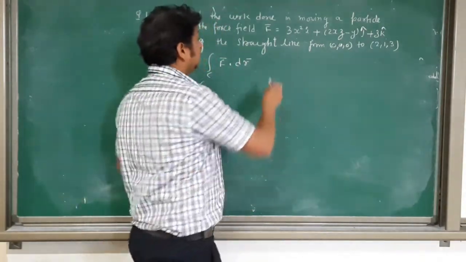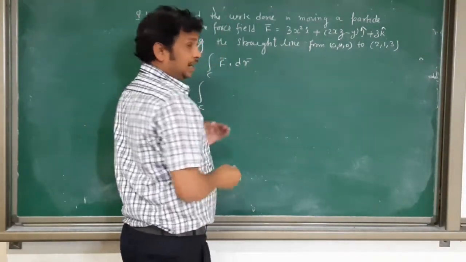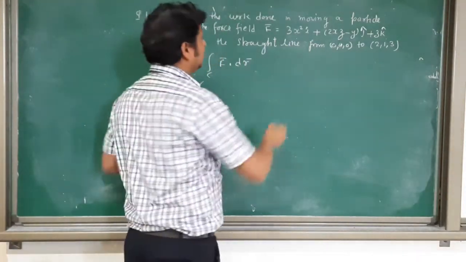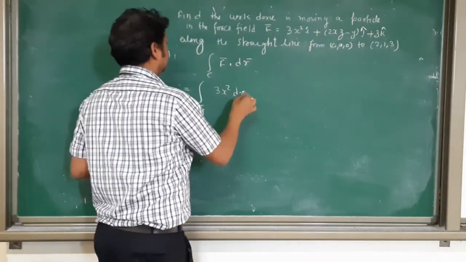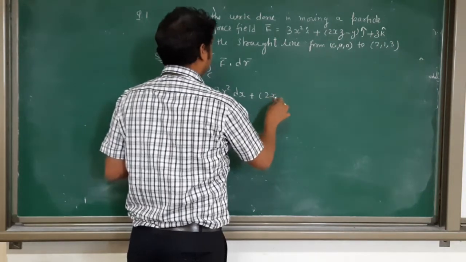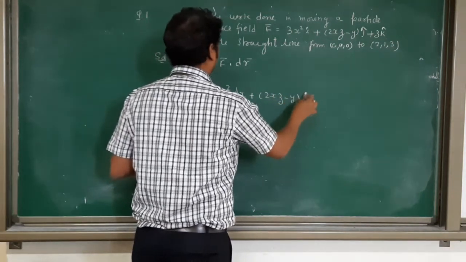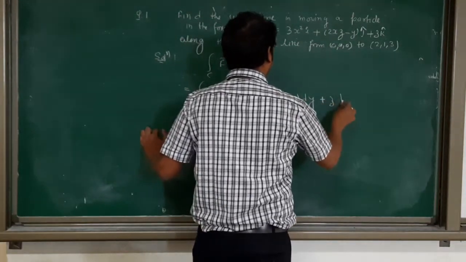What is dr? dr is dx i, dy j, dz k. So in place of i we put dx, for j we put dy, plus z dz.